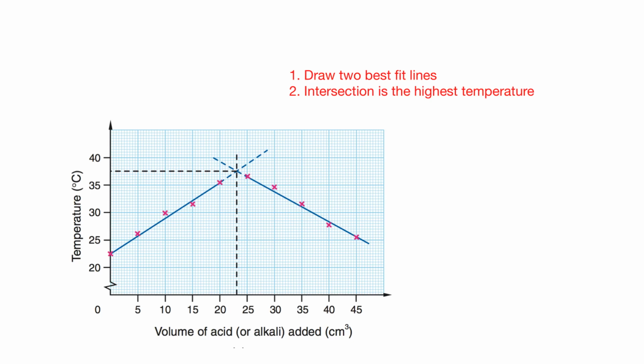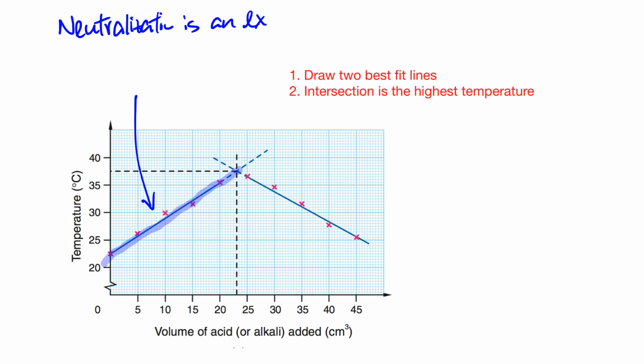So you have to know why in this setup we have two sections. In the first part, you'll find that the temperature keeps on rising. For this one, you have to know that neutralization is an exothermic reaction.